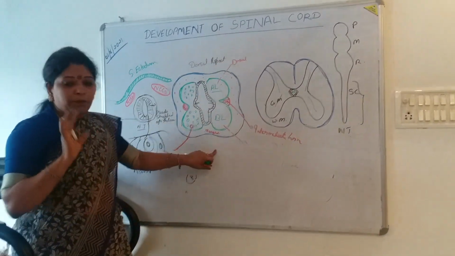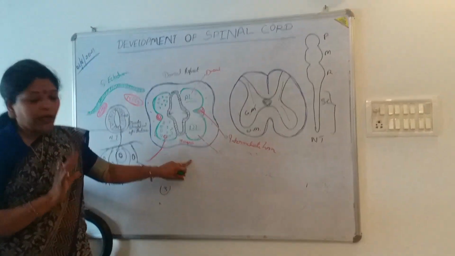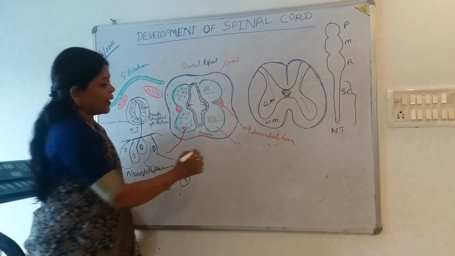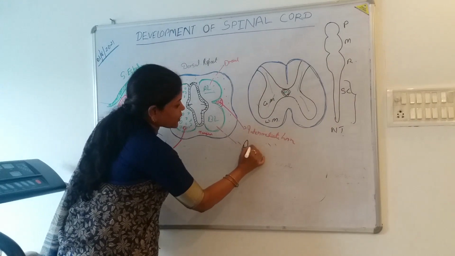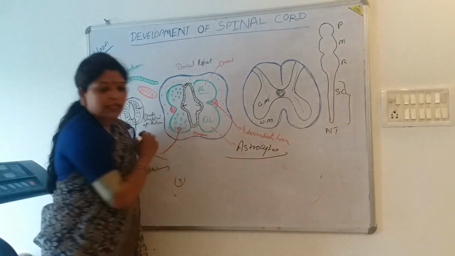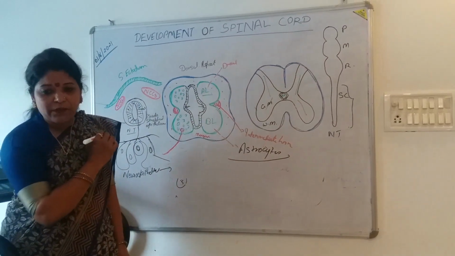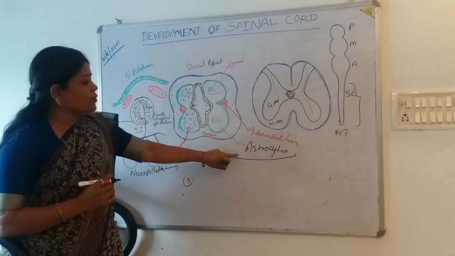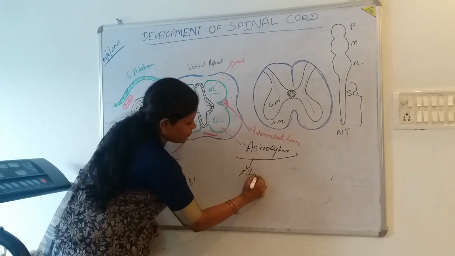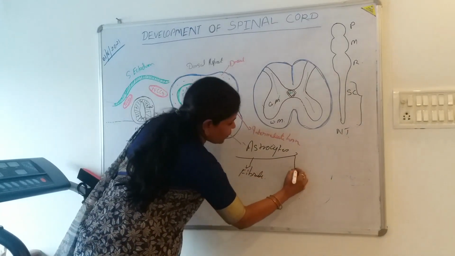Yes, please understand carefully. These glioblast cells or glial cells, you have heard in the previous class, are astrocytes. Astrocytes are the supporting cells of the central nervous system, isn't it? So these astrocytes are fibrillar and protoplasmic.